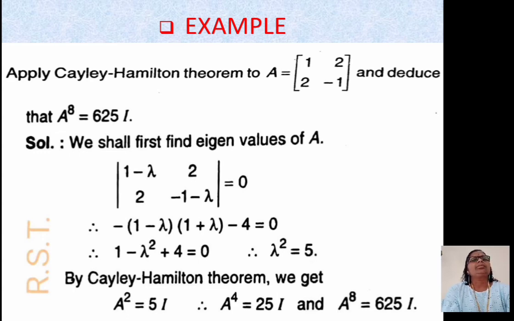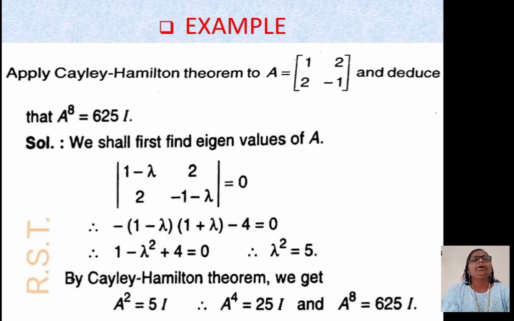Here in the solution, first write the given matrix A equal to [1 2; 2 -1]. Every square matrix satisfies its characteristic equation, that is determinant of A - lambda I equal to 0. Hence, consider the characteristic equation determinant of A - lambda I, that means subtract lambda from the diagonal elements.